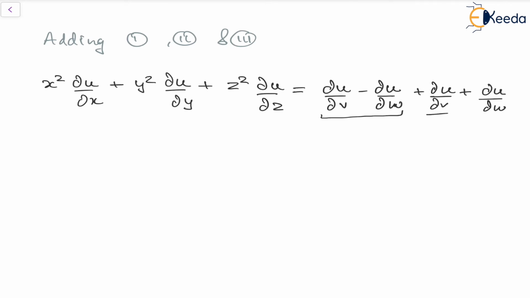We can see that things will get cancelled: du by dv and du by dv, du by dw and du by dw. So this will become simply 0.